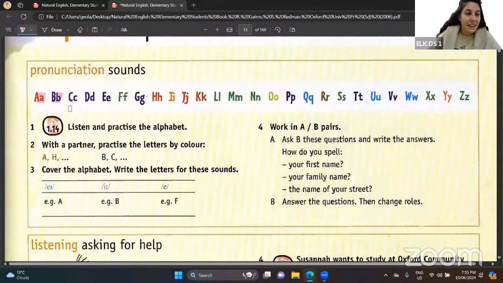So A, B, C, D, E, F, G, H, I, J, K, L, M, N, O, P, Q, R, S, T, U, V, W, X, Y, Z. No, Z. So this is V, TUV, and this is Z.